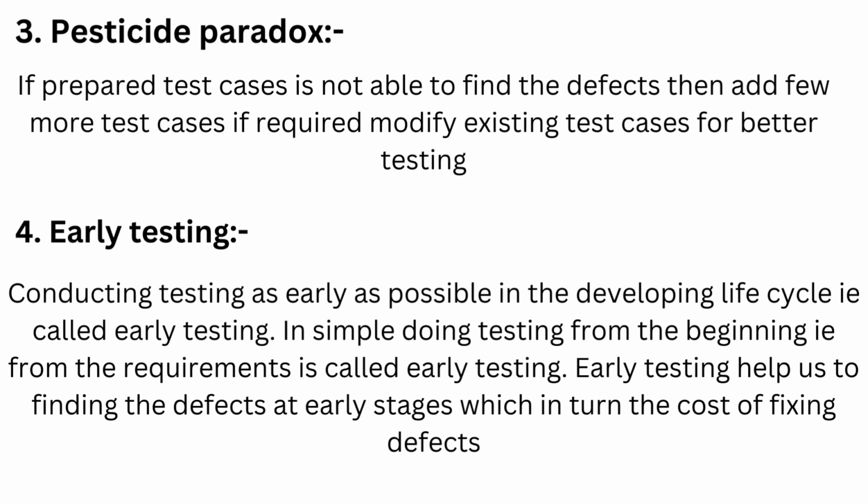We will discuss early testing in SDLC, where we will see requirements and concepts, and the cost of fixing defects is one more concept. We will see that with a detailed explanation. But here, early testing is nothing but testing from the requirements stage.